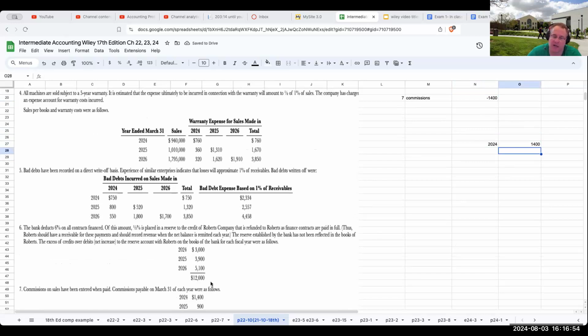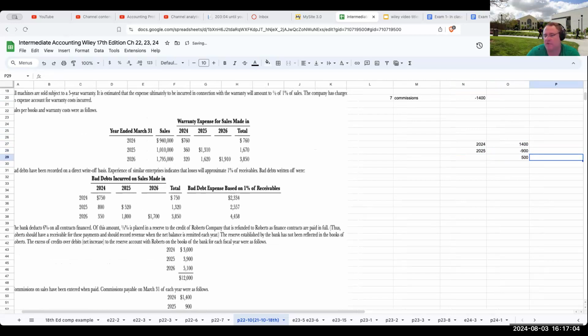But this 900 that was payable on 3/31/25 wasn't paid until the following year, so I'm going to have an adjustment of 500. This is going to increase my net income by 500, because this was recorded as an expense in 2025, which it should not have been.